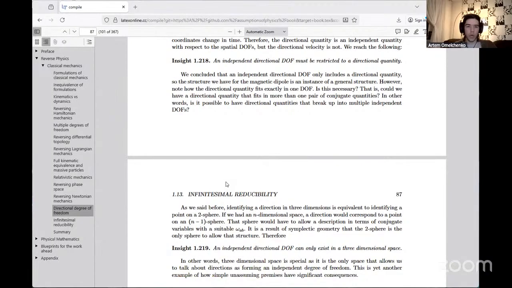However, note how the directional quantity fits exactly in one degree of freedom. Is this necessary? That is, could we have a directional quantity that fits in more than one pair of conjugate quantities? In other words, is it possible to have directional quantities that break up into multiple independent degrees of freedom?